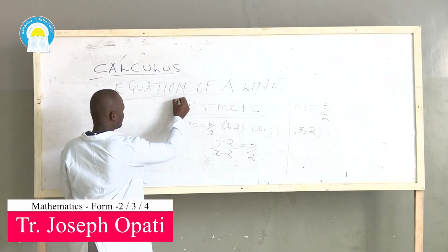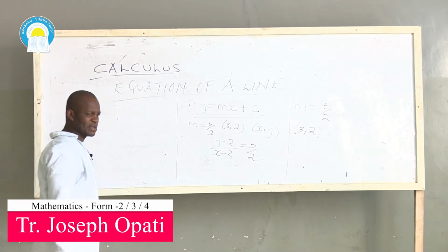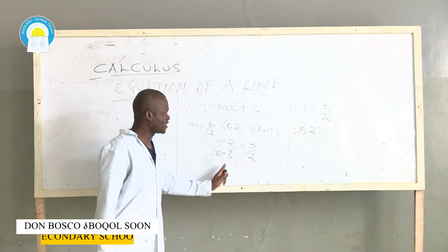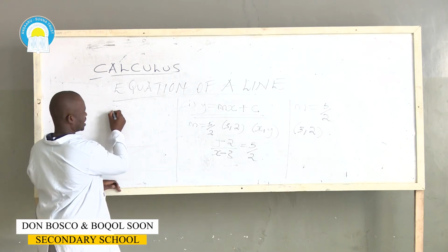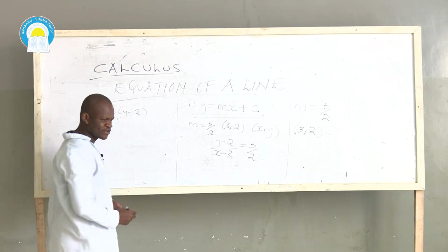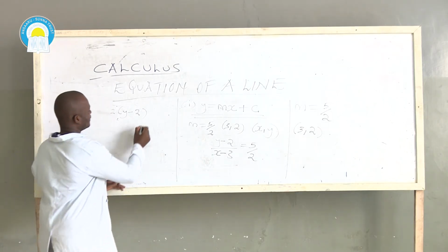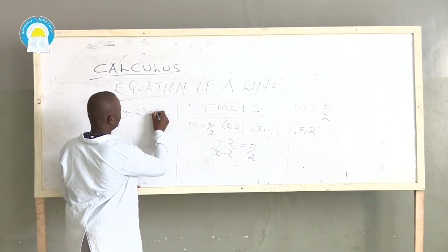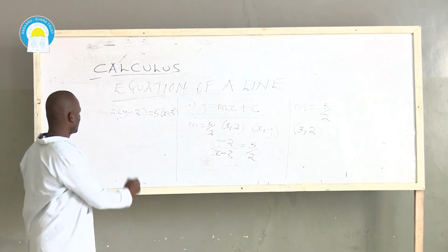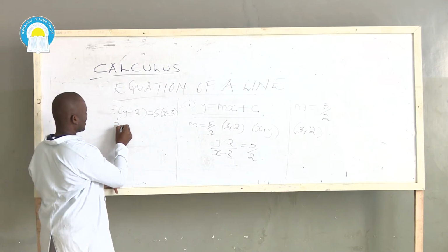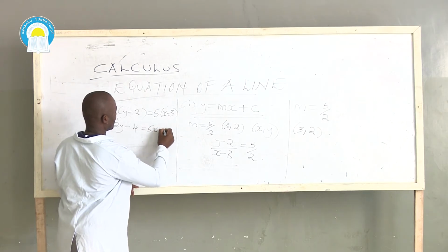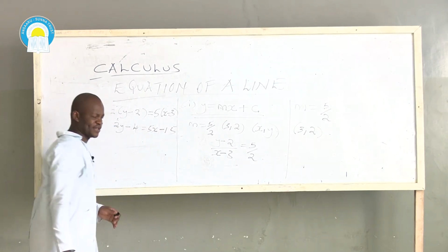How do we proceed? In a similar manner to what we did in the other question, cross multiply. What shall we have? We shall have 2 into (y minus 2) equated to 5 into (x minus 3). Then we open the brackets: 2y minus 4 equals 5x minus 15.